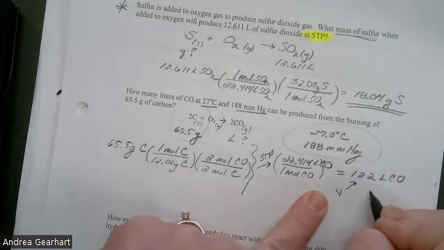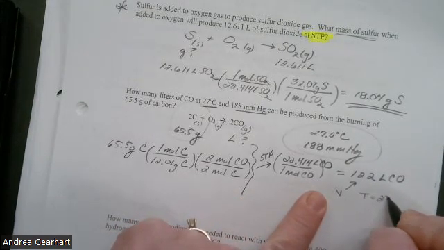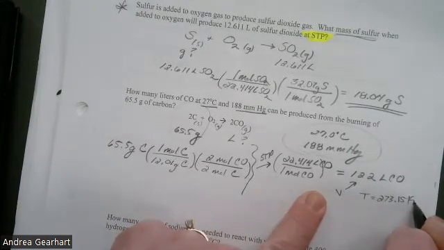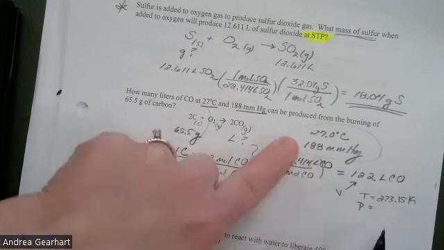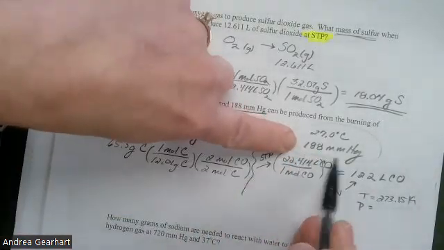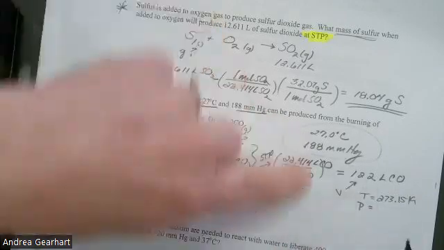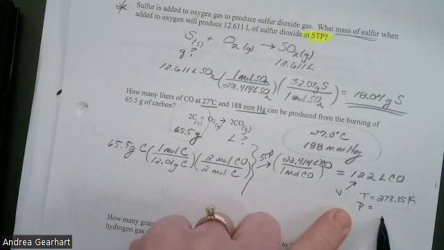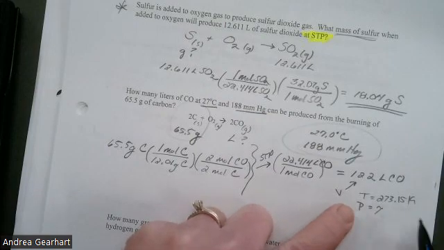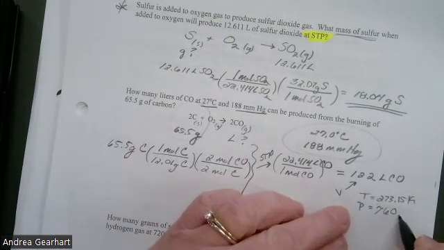the volume when the temperature is 273.15 Kelvin and the pressure, since this is given in millimeters of mercury, is it okay? I'm going to reference what standard pressure is in millimeters of mercury.